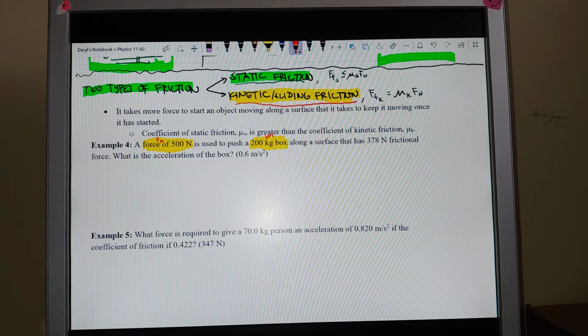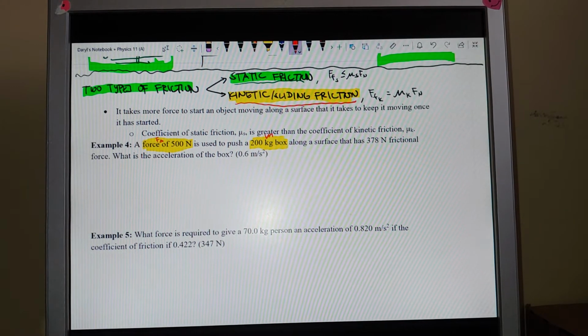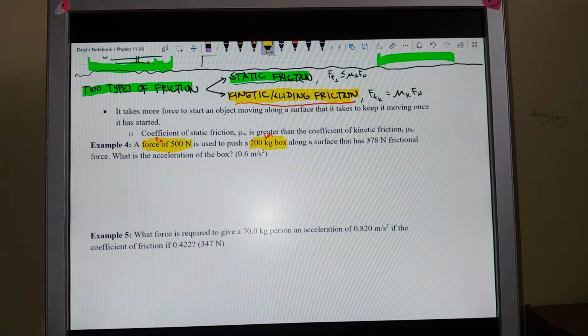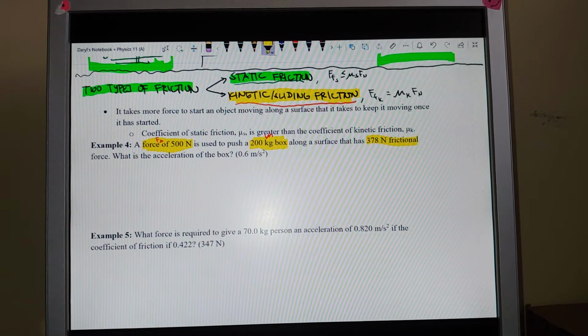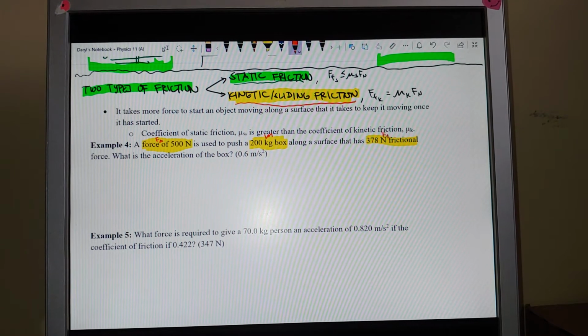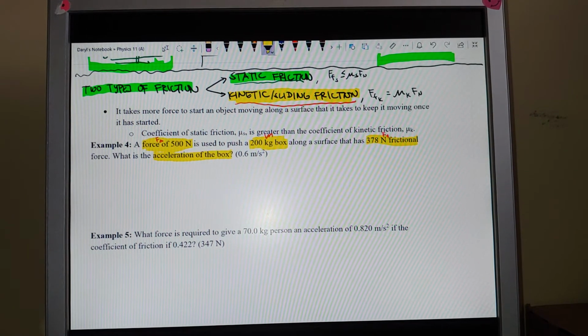The unit is kilogram, so that's how I know that it's a mass. And the frictional force is given with a magnitude of 378 newtons. This is my Ff. Then I am asked to solve for the acceleration of the box.